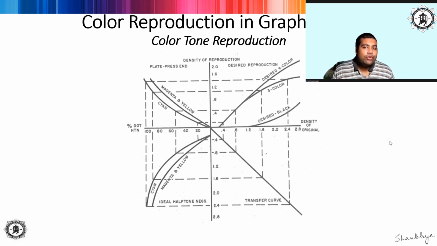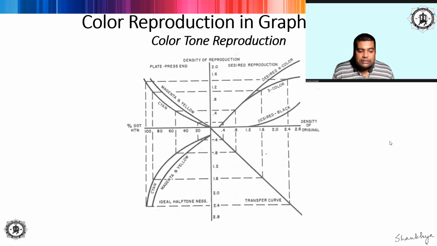We had also talked about how we can use a special type of graphing tool to take advantage of the fact that the human eye is more susceptible to smaller changes in tones in the highlight area than it is in the shadow areas. So that also we had discussed.